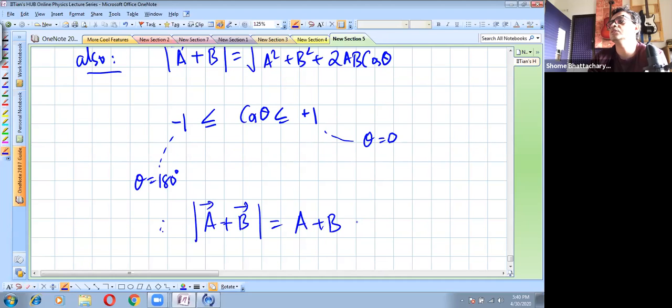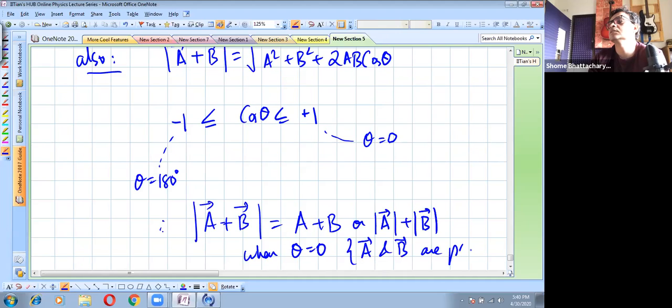Or, if you want to state it better, it is the sum of mod a plus mod b. But this happens when theta is 0, or only in the case when a and b are parallel vectors.